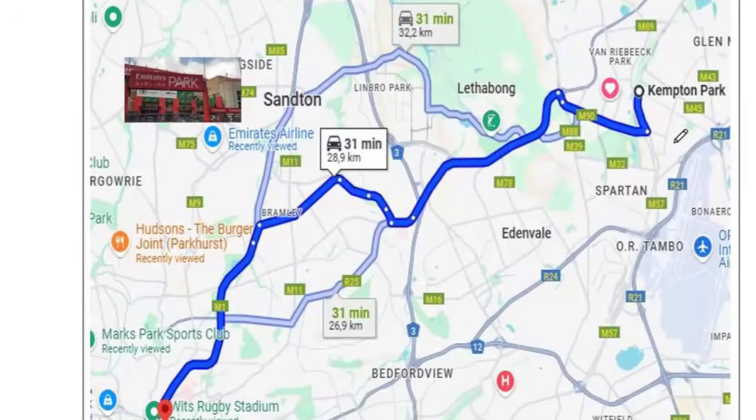Let's come here. We're talking of the M90, this blue one. What's the distance? 28,9. Yet when she uses the R25, which is here, it covers a distance of 26. So what's the difference?